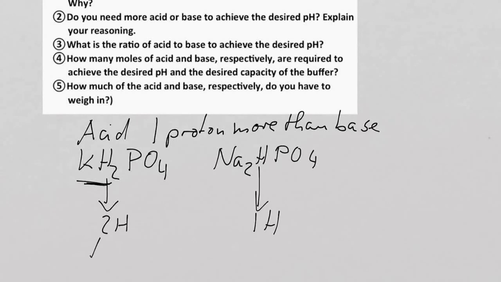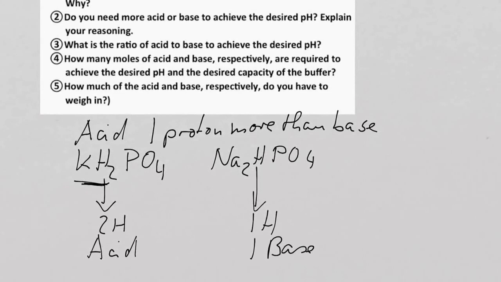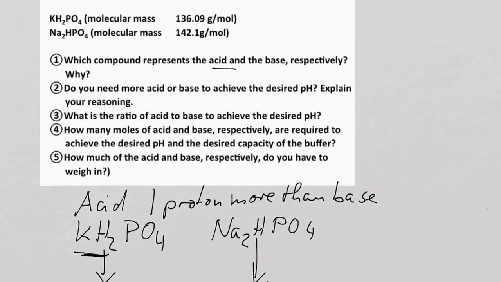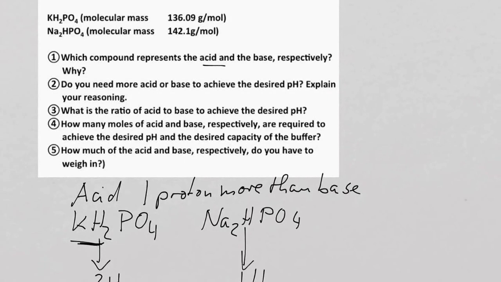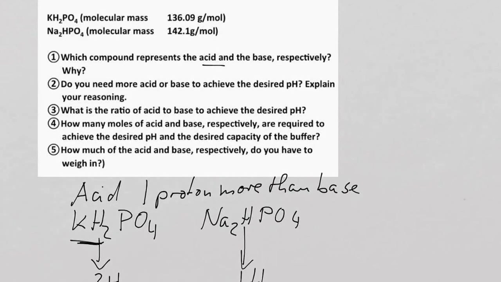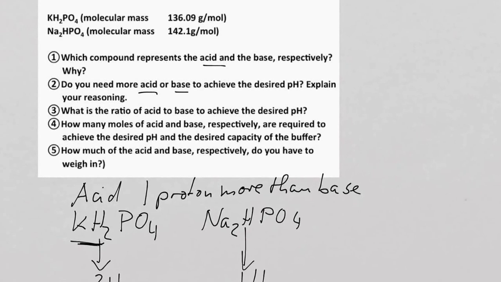So therefore this must be the acid, and this one here is the base. And therefore we can say with confidence that potassium dihydrogen phosphate is the acid and the base is the disodium hydrogen phosphate.